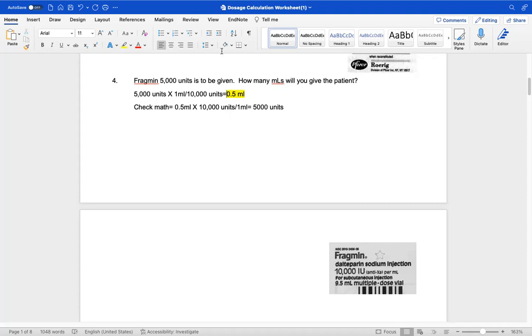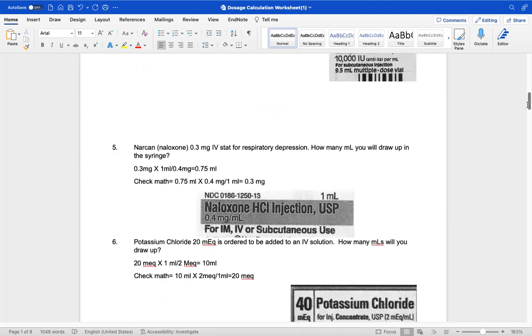We're looking for how much is ordered here. So when we figure this conversion out, 0.5 times 10,000 gives us 5,000 units. So that answer that we got, that 0.5 plugged back in, gives us the ordered amount, which means that this 0.5 is the correct answer.